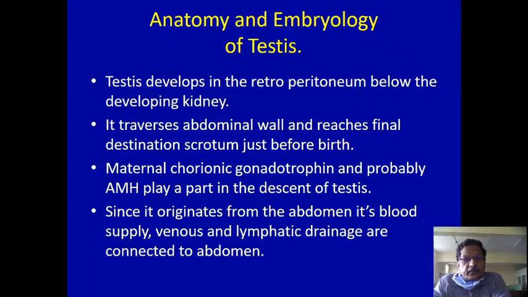At around the same time, an elongated mesenchymal structure called gubernaculum develops within the folds of the peritoneum inside the abdomen. The upper end of this gubernaculum will be attached to the developing testis, and the lower end will be attached to the fascia between the developing abdominal wall muscles near the groin region.